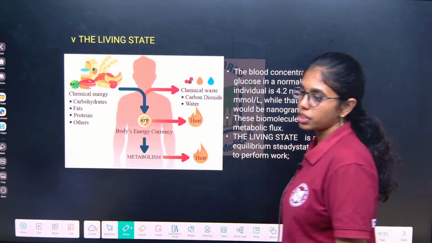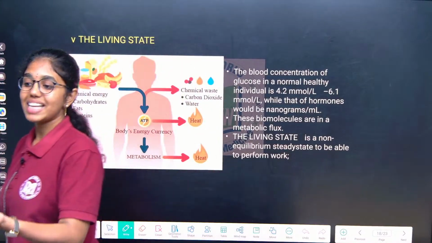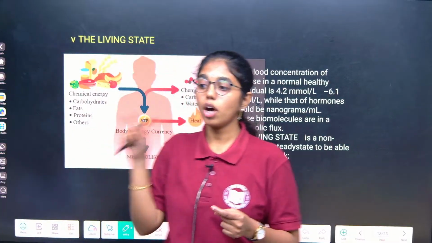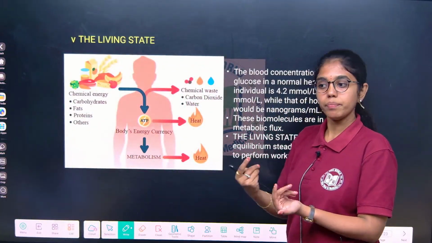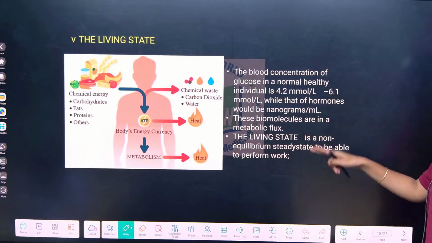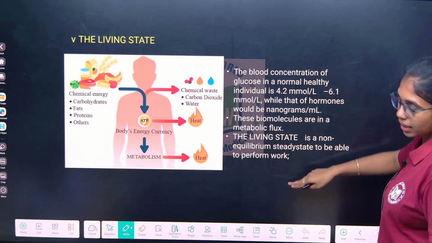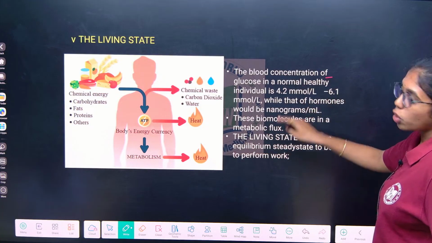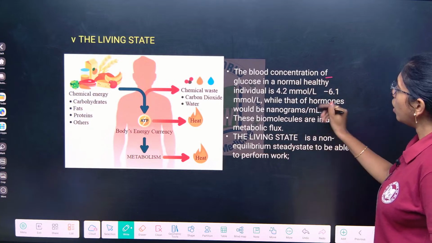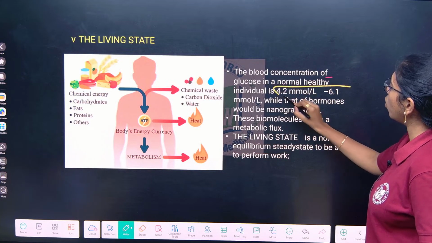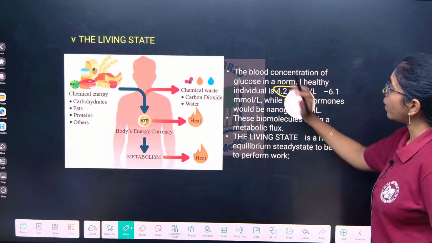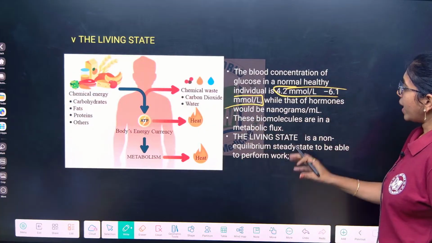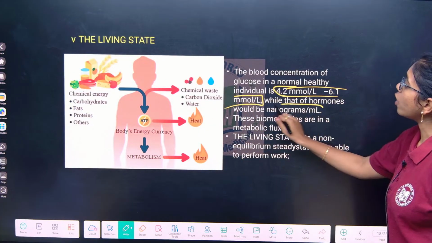Next is living state. Just now I told you, how can you assume a cell is in a living state? When it is dynamic, all the reactions are happening all the time. If a cell attains equilibrium, it is dead. Here are the direct lines from your NCERT, important. The blood concentration of glucose in a normal healthy individual will be 4.2 millimolar to 6.1 millimolar, while that of hormones would be nanograms per milliliter.